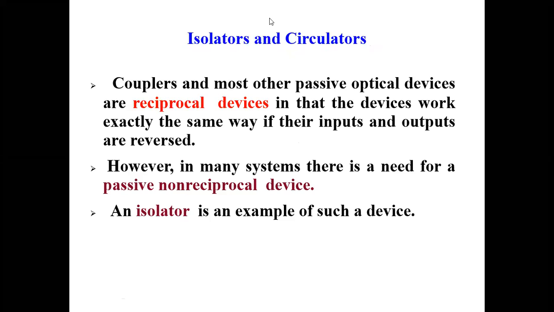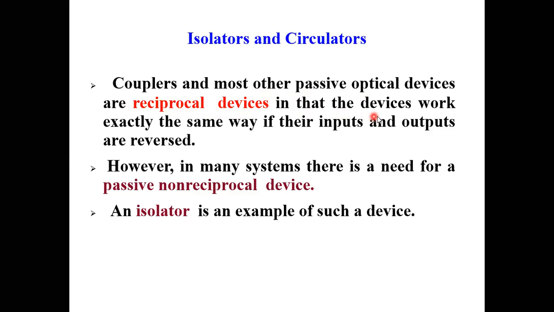When I talk about isolators, please note down the keywords, because I might take a quiz, not today, might be later on. So we had studied couplers. What are couplers? Couplers are passive optical devices, and they are reciprocal devices.